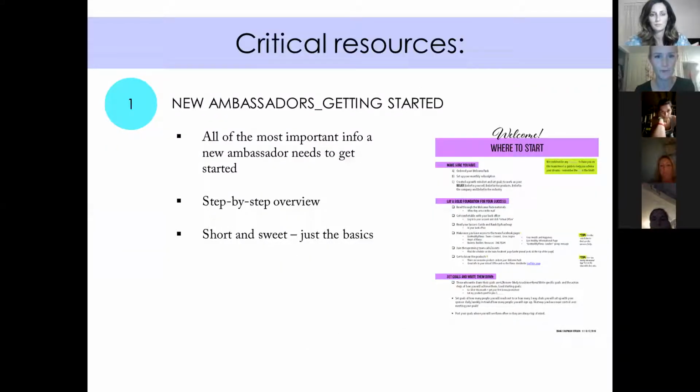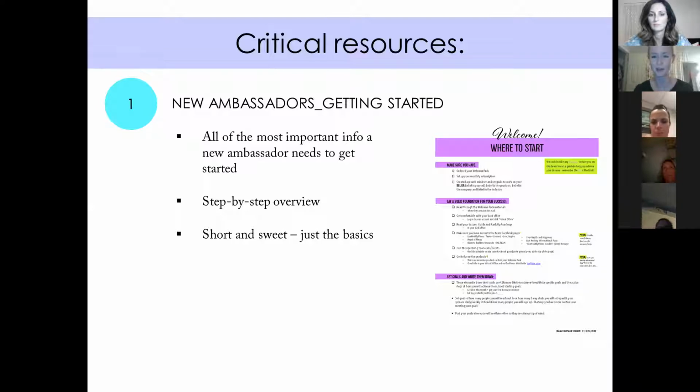So the first super exciting thing is a new ambassador is getting started. This is a 5-page guide of all the most important information a new ambassador needs to get started, to start sharing, to hit the ground running, to start working away at their goals if they're ready to go.